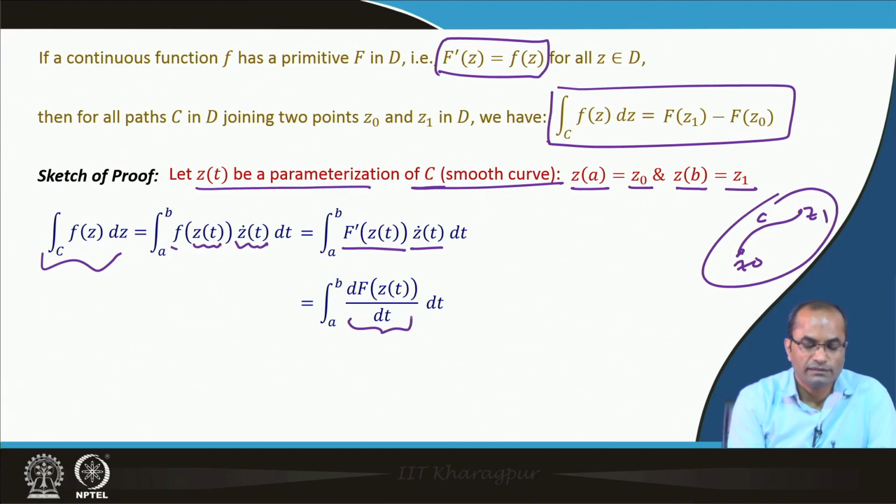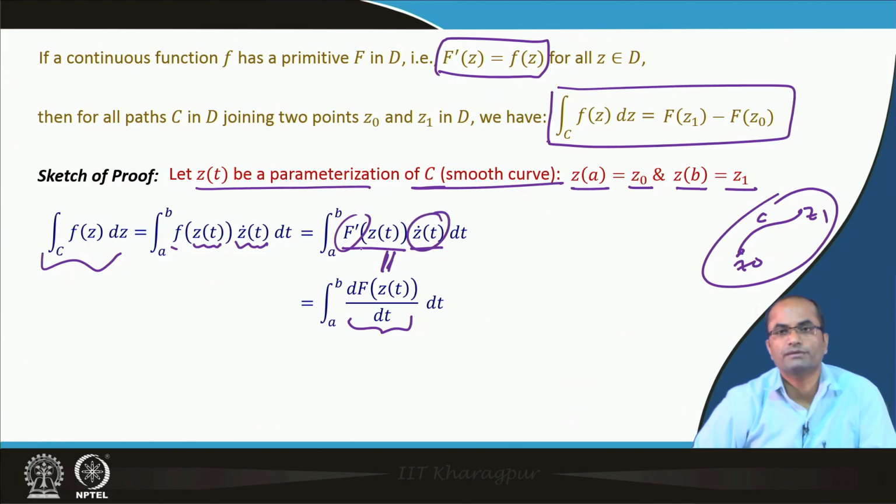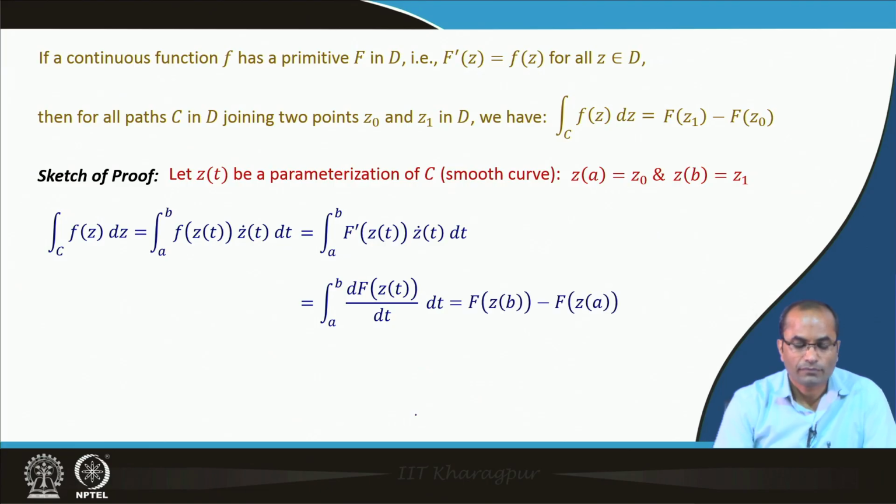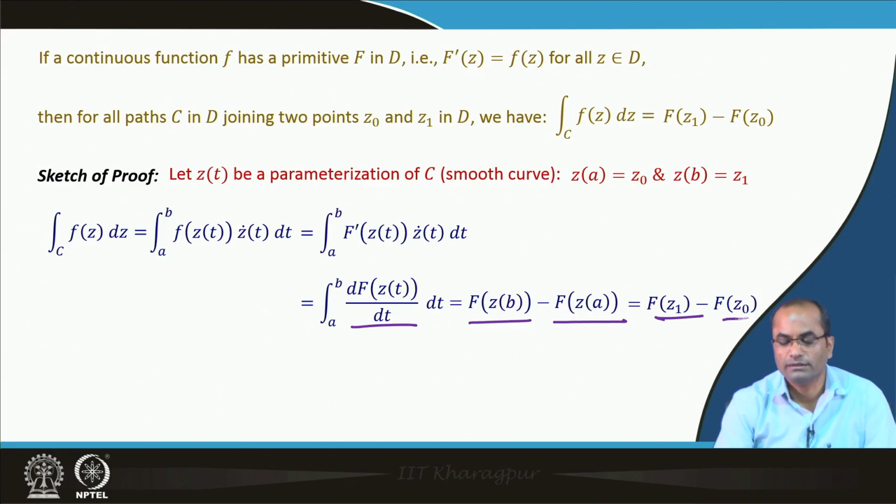This comes exactly from the chain rule: the derivative of F(z(t)) with respect to t is the derivative of F with respect to z times the derivative of z with respect to t. Then the integral is just F(z) evaluated at b minus F(z) evaluated at a, and z(b) and z(a) were exactly z 1 and z 0.